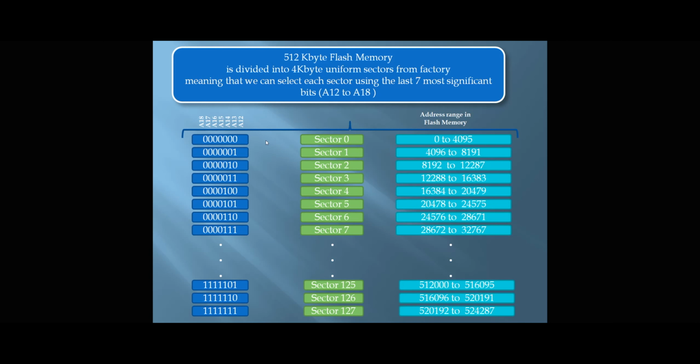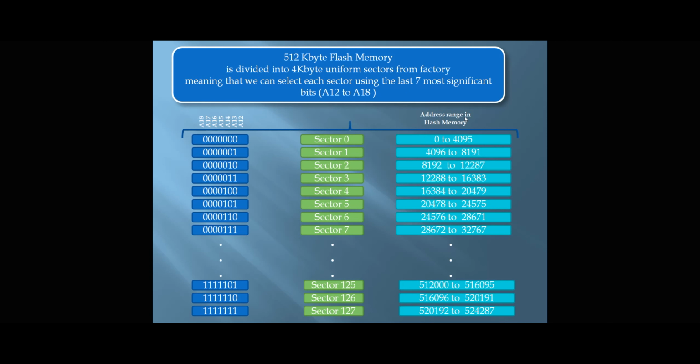that we can use to select a specific sector on the chip. According to the documentation, if you want to point to a specific sector, you just set the value on those address lines. For example, sector 0 on these chips is indicated when all these address lines are set to 0. That means you're pointing to address 0 all the way up to 4095, basically the first 4 kilobytes on the chip, right?